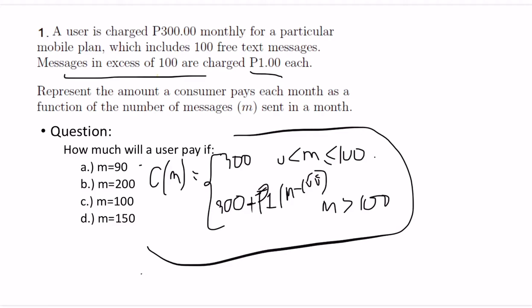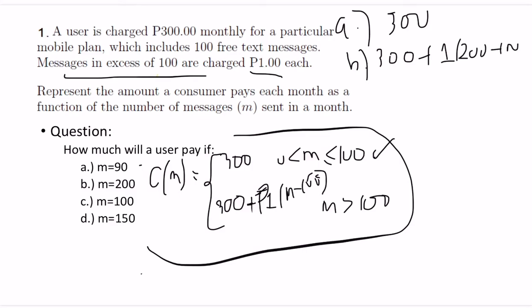Okay, now let's answer the question. If m is 90, so here that is less than 100, so that is 300. You will pay 300. If it is 200, so we have 300 plus 1 times the excess. What is our excess? 200 minus 100. So using your calculator, this is equal to 400. If your m is 100, so exactly 100, so still it belongs to the first function, so you will pay 300.